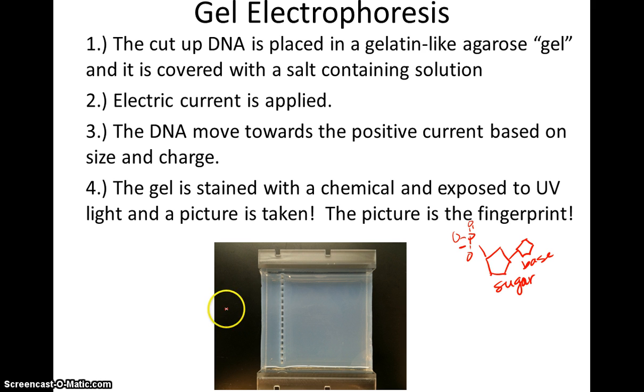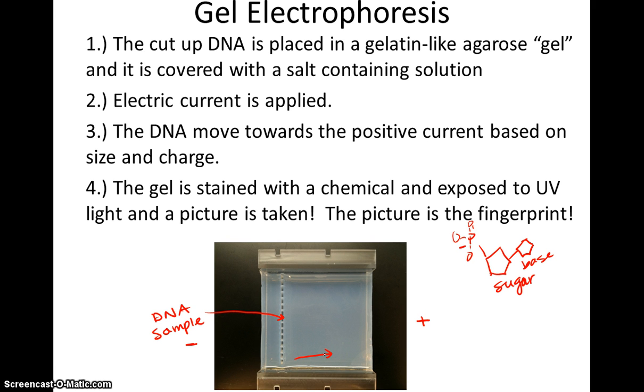So when you load the DNA into these little wells, you put your little DNA sample in there. You're going to set this up so that you're going to run an electric current through here with the positive on this side and the negative on this side. What that will do is it will move the DNA from these wells towards the positive charge because, again, DNA is negatively charged.